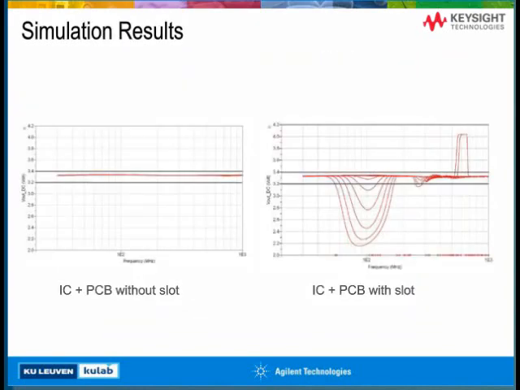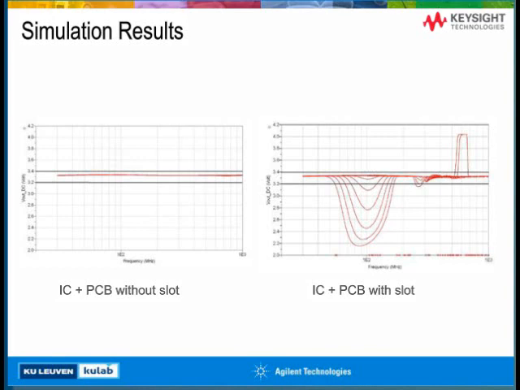This picture here shows us the results of the immunity test. The output voltage of the voltage regulator is under normal conditions 3.3 volt. In the specification, it says that it works properly when the output voltage is between 3.2 and 3.4 volt.